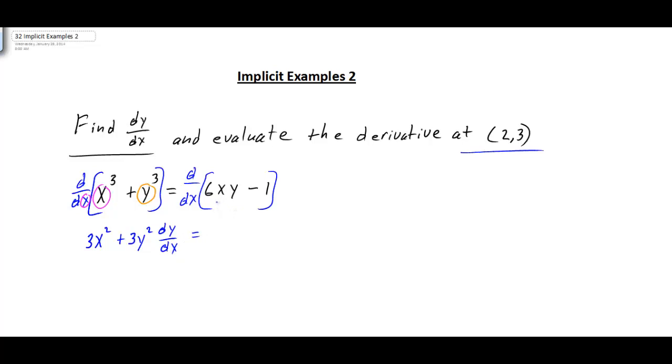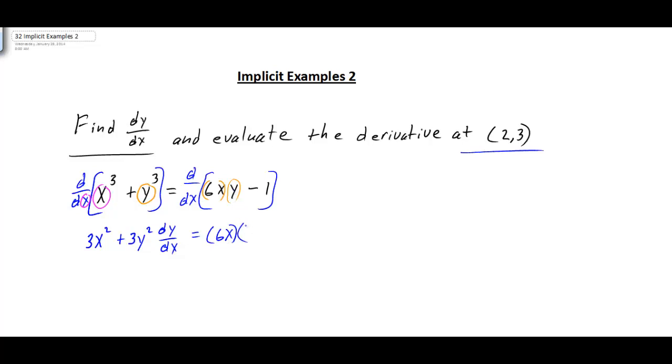And then for the right-hand side, we have 6xy minus 1. You'll probably notice that here we're going to have to use the product rule. We have 6x, so I'm going to group 6x together and multiply that by y. So the product rule says we're going to take the first term, 6x, multiply this by the derivative of y.